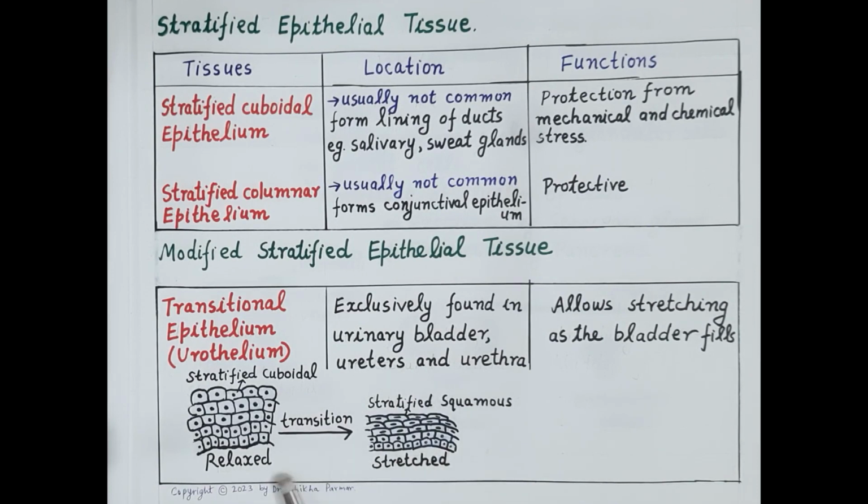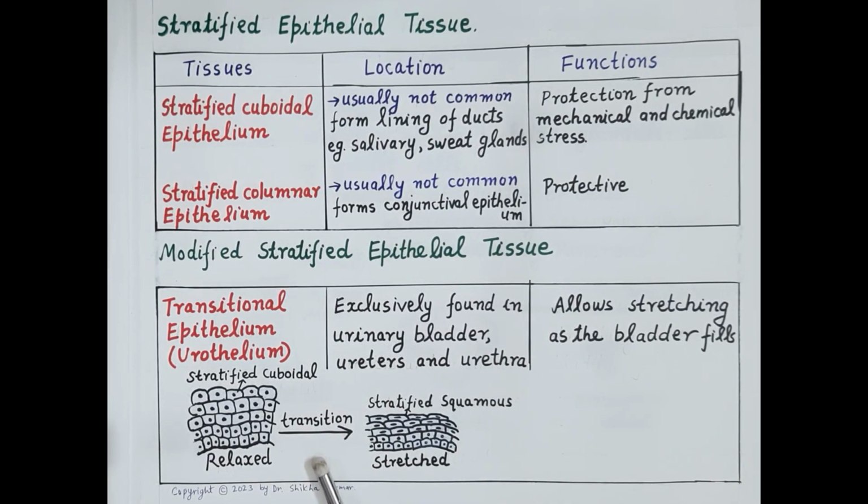Now, look at these figures. It is known as transitional epithelium as it undergoes change in the appearance depending upon the state of urinary bladder. Now, when the urinary bladder is relaxed, the cells appear stratified cuboidal. Now, when the urine fills the urinary bladder and its wall stretch, the epithelium appears as if it is stratified squamous.